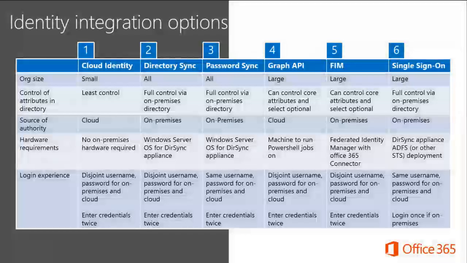So we're going to take a look at these 6 different mechanisms that you can use for authentication in Office 365. Now, this may seem like a bit of an eye chart, but hopefully it just builds on what we talked about before, where we talked about having a cloud identity in Windows Azure Active Directory. We talked about using DirSync to synchronize your user objects.